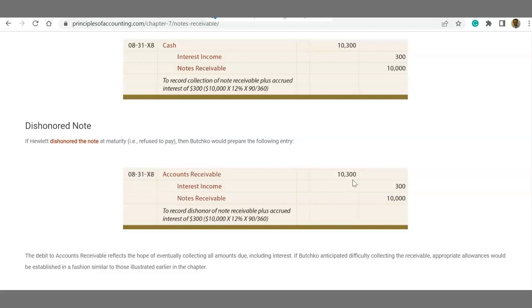And you will tell them that you will go after another month to collection to recover this $10,300 some way, somehow.